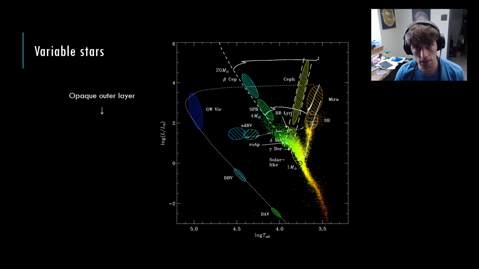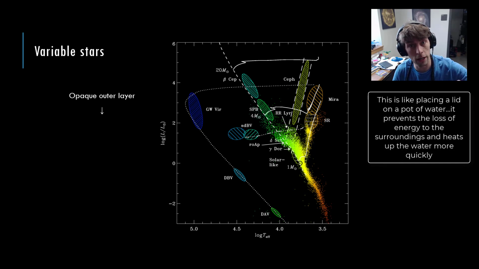If you have this opaque outer layer and light is not permitted to escape into space, what happens to the temperature of the outer layer? Well, if the light is not allowed to escape, that traps the energy in the star, and so the temperature of the outer layer will increase. That heats the outer layer of the star.